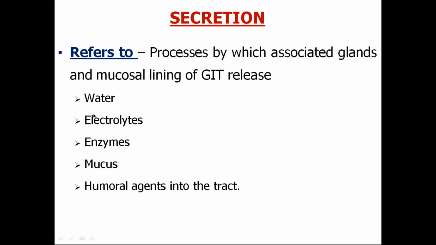It is primarily the water, electrolytes, enzymes, mucus, and humoral agents. They are released into the gastrointestinal tract by means of the mucosal lining or by means of the associated digestive glands.